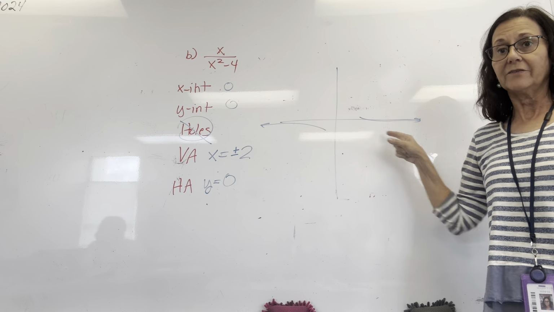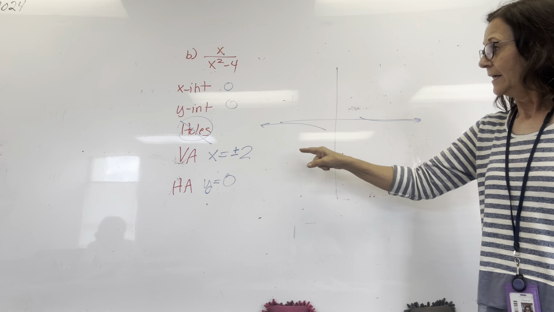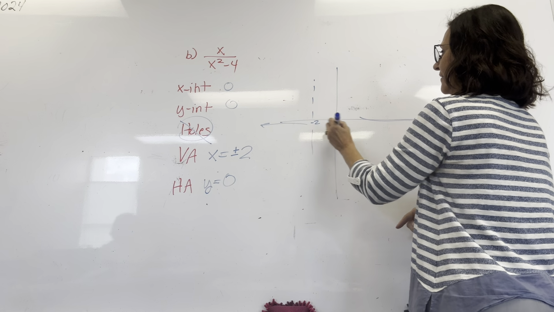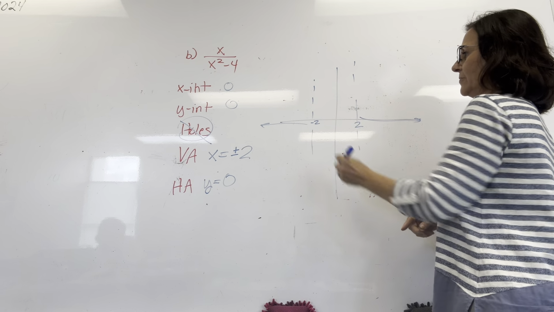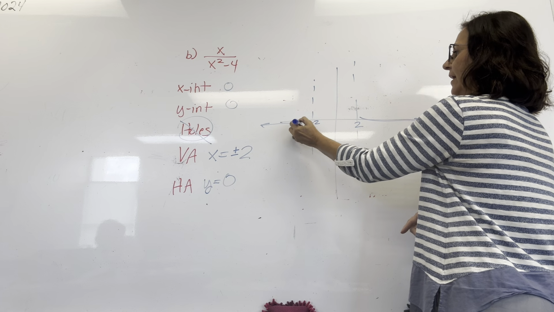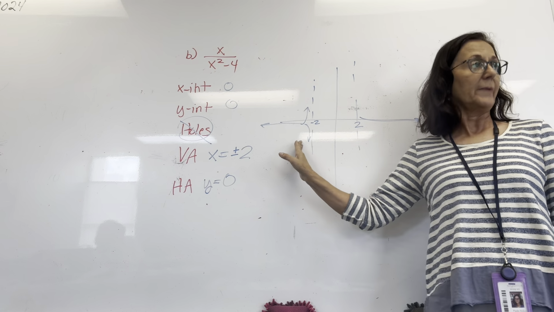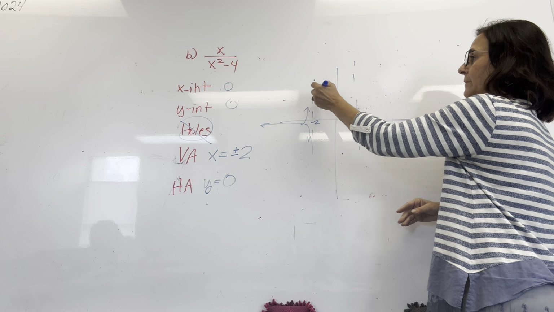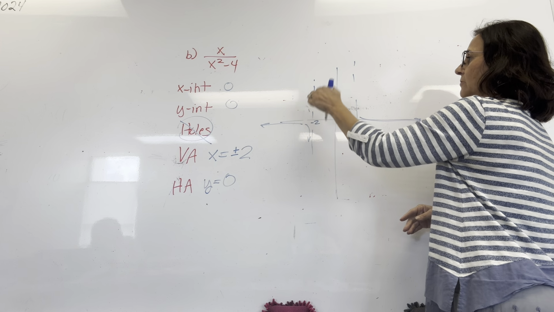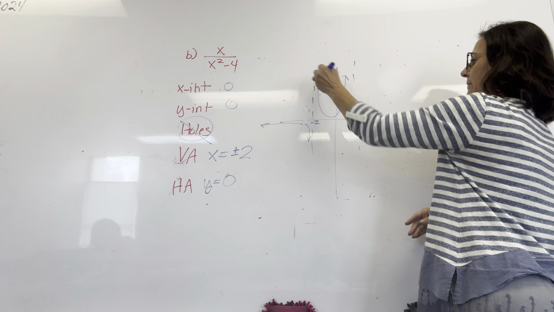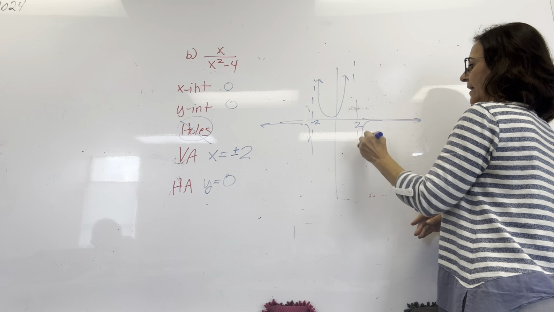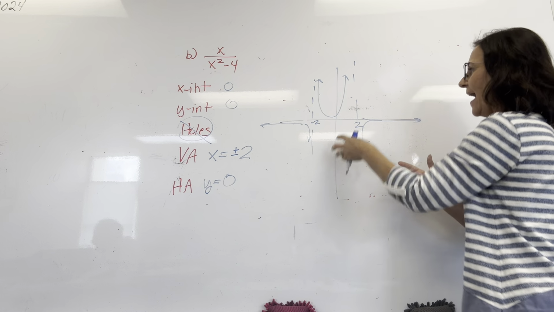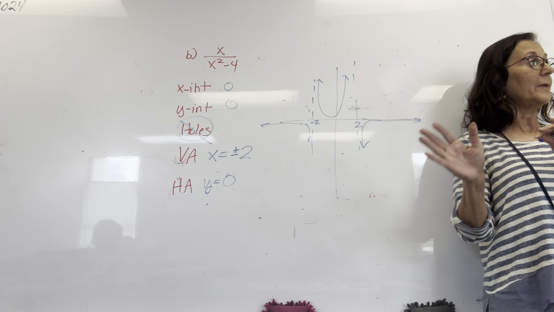It's going to be approaching the x-axis. Something happens at -2, something happens at 2. Maybe it goes negative infinity or positive infinity, but we would use the big little concept to figure it out. Does it go down, up, and then down again? That's typically how it looks. Or does it go up, down, and up again? But you would do the big little concept.